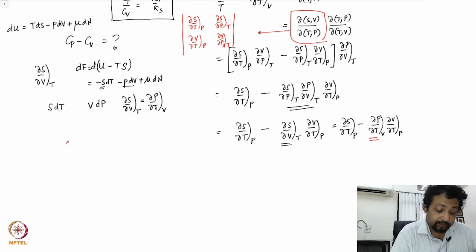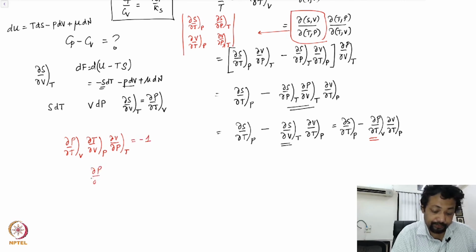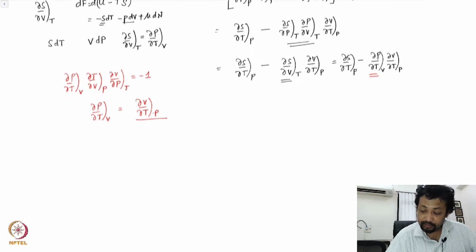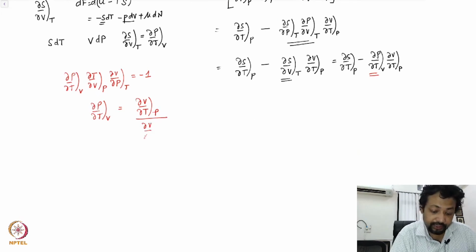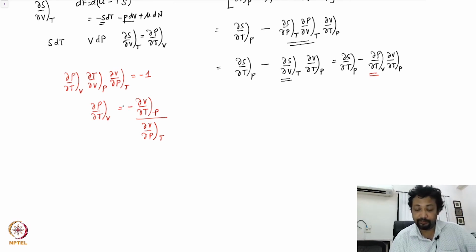But then let's apply the cyclic rule. Del P del T at constant volume times del T del V at constant pressure times del V del P at constant temperature is minus 1. So del P del T at constant volume is minus del V del T at constant pressure divided by del V del P at constant temperature.